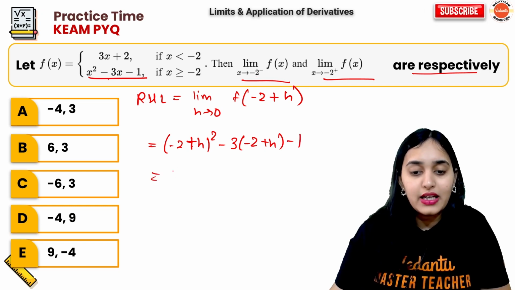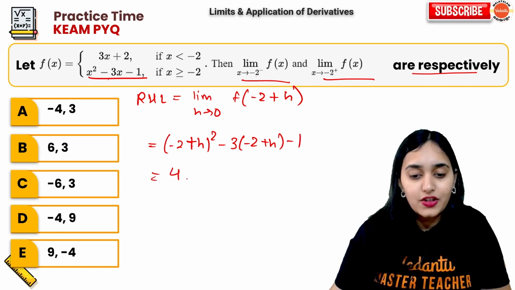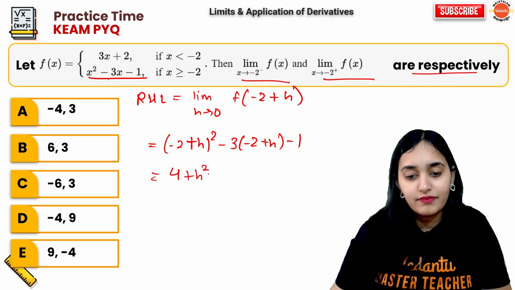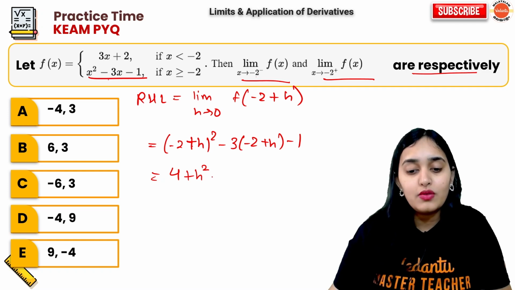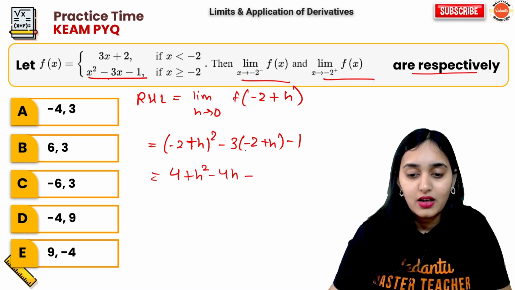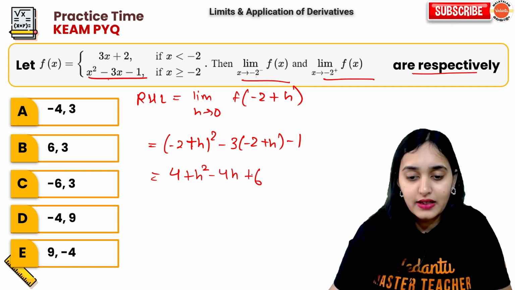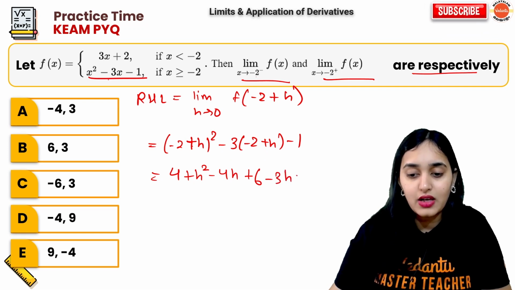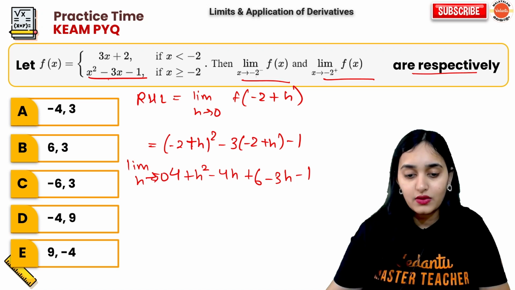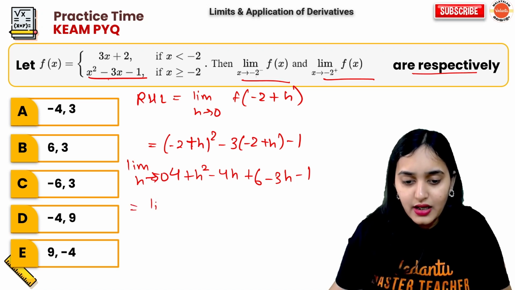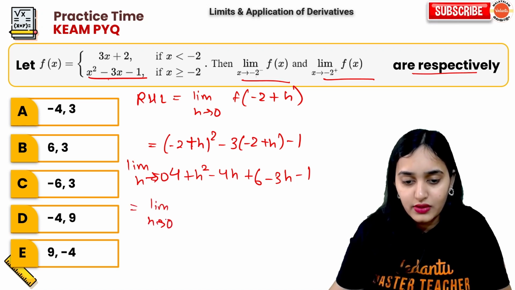Expand it. So it is minus 2 square is 4, h square is h square and minus 2 into 2 minus 4h. Then 3 2s are 6 and minus 3h and minus 1, where limit is h tends to 0. So this is limit h tends to 0.